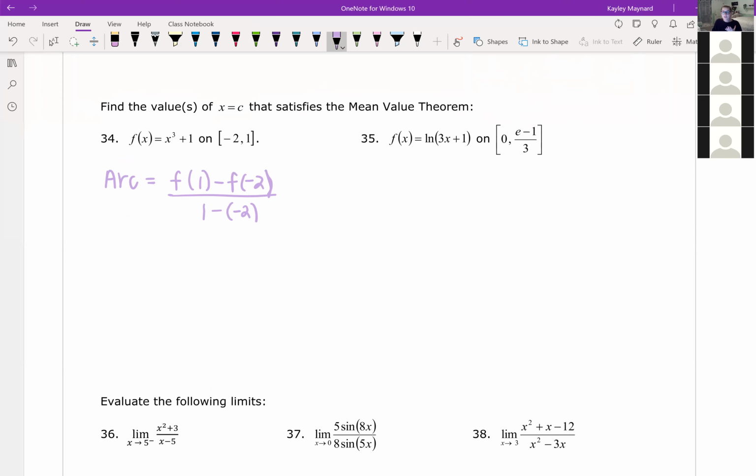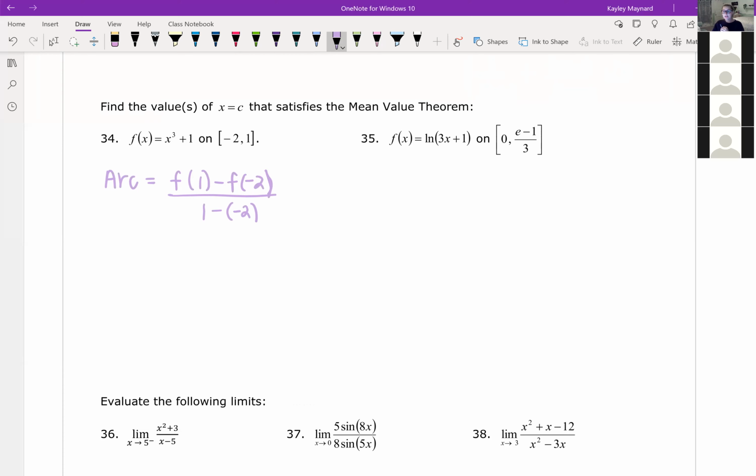The mean value theorem says that, hey, if you take the derivative, which gives you the instantaneous rate of change, there's at least one spot that the derivative is equal to the average rate of change, which is interesting. So it tells you there's at least one spot where the instantaneous rate of change is equal to the average rate of change. Super interesting fact.